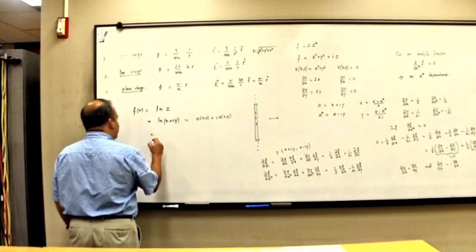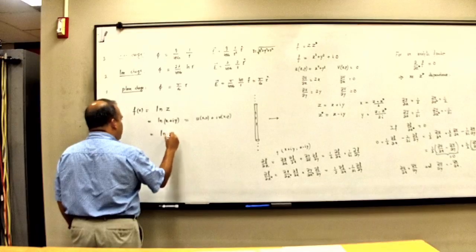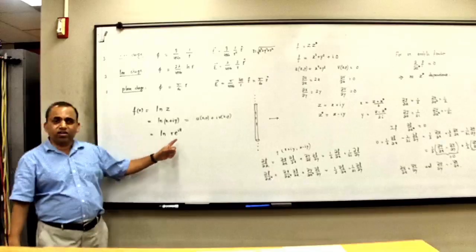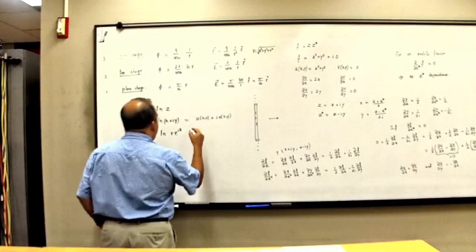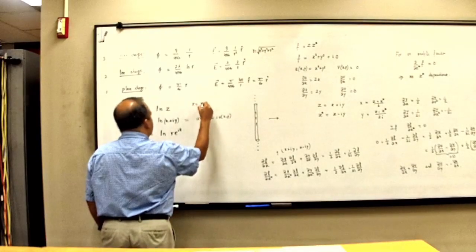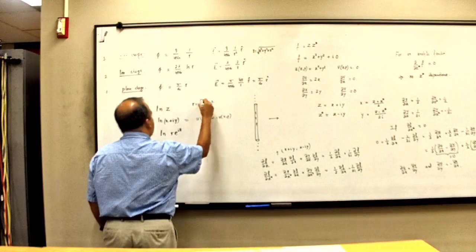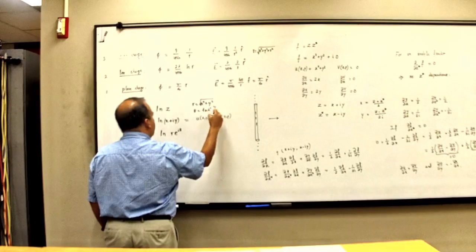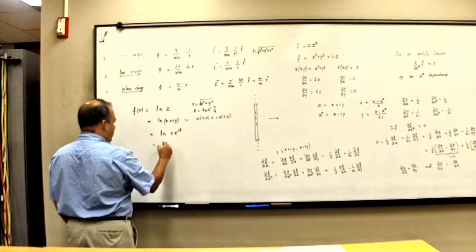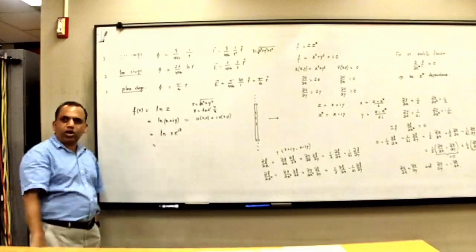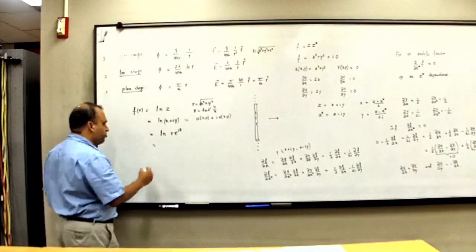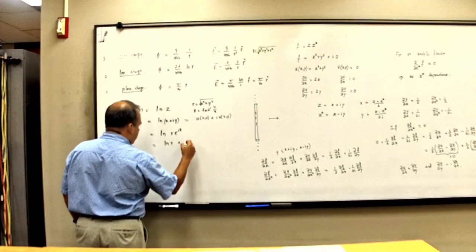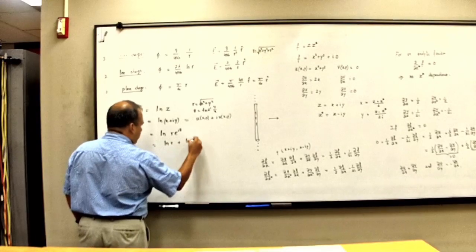Remember, every complex number can also be written as r times e raised to i theta. Remember this from the last lecture? I can write every complex number this way, where r is equal to the square root of x square plus y square, and theta is equal to tan inverse of y over x. This has a nice feature that I can now expand the log. Log of a product distributes itself. This is log of r plus log of e raised to i theta.